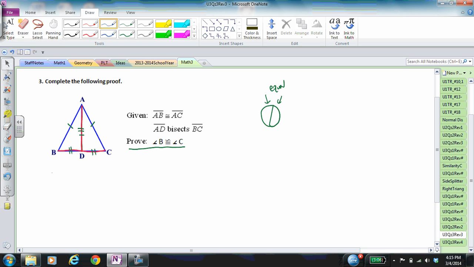So again, start with the given. We know from the given that AB is congruent to AC and AD bisects BC.